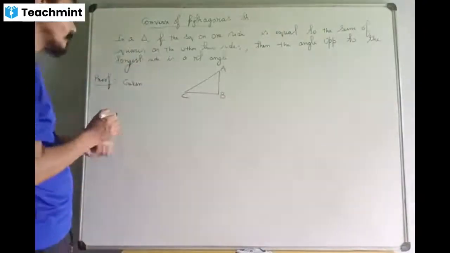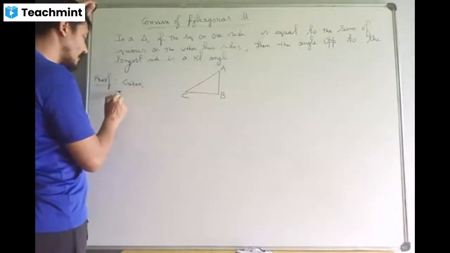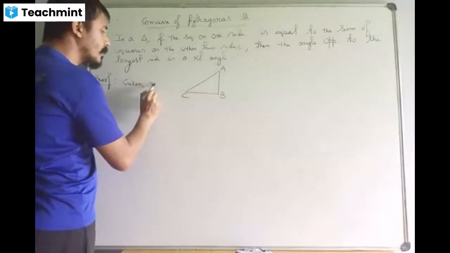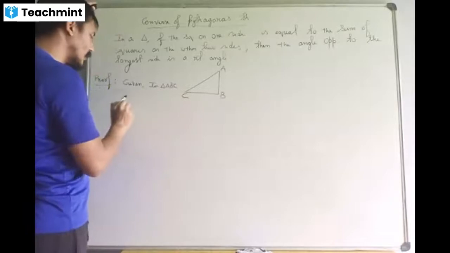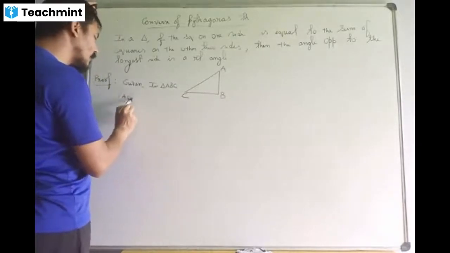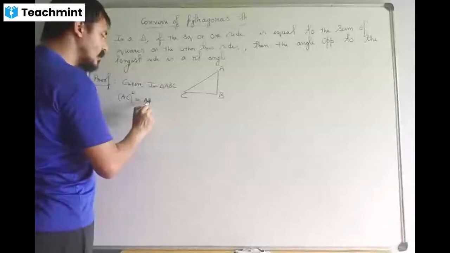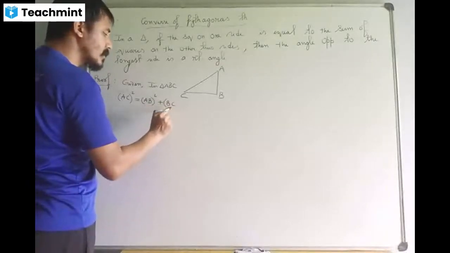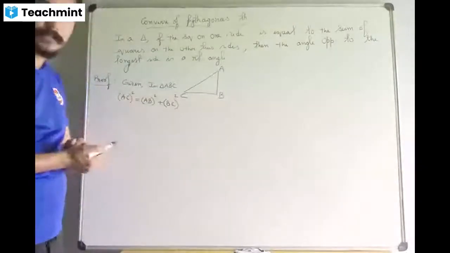So what is given? In this particular triangle ABC, the square on one side is equal to the sum of squares on the other two sides. So this is what is given.